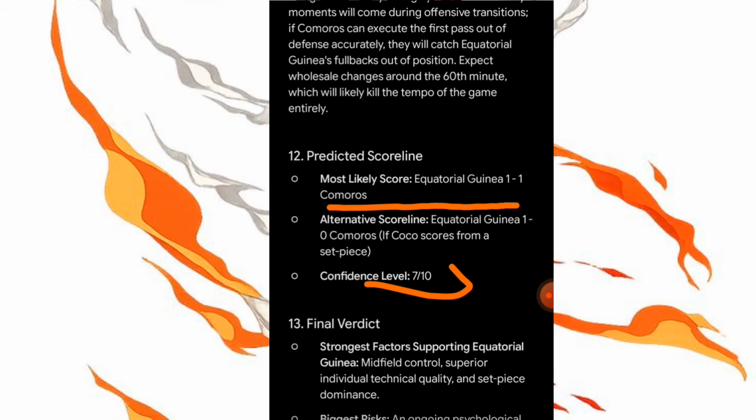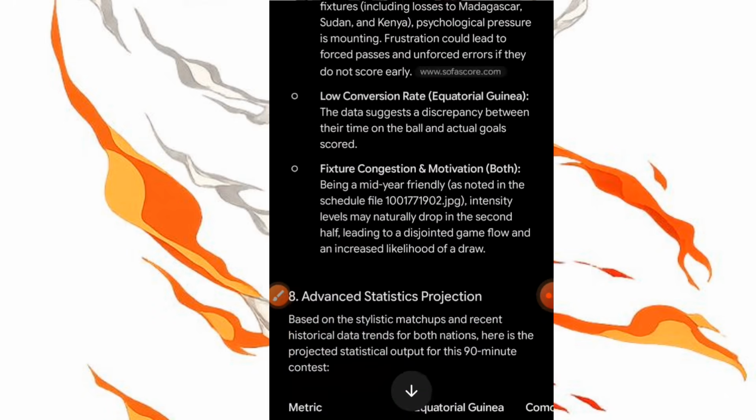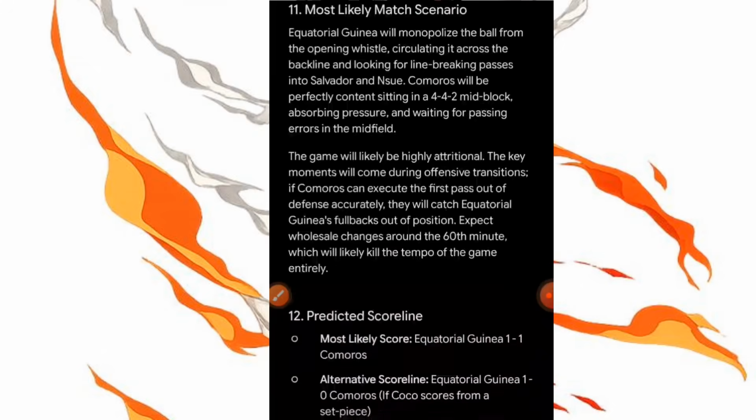But whenever you have the confidence level, it shows that we can rely on our scoreline based on the available data that we have. We may not be able to access most of the data that this particular AI is generating for us, but at least we can use the scoreline to predict.